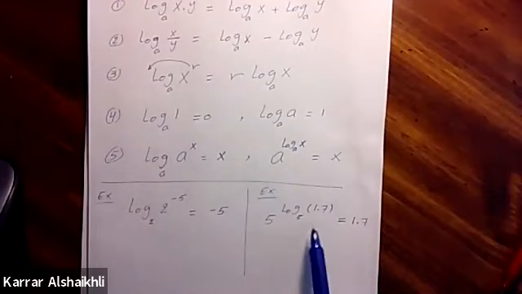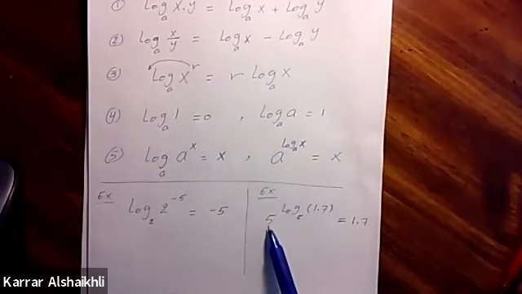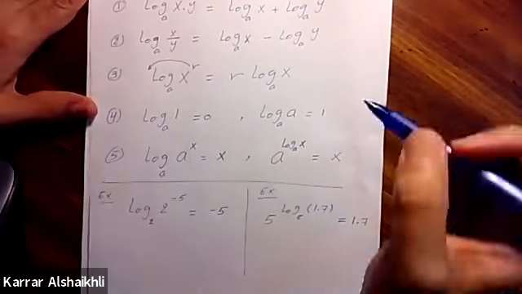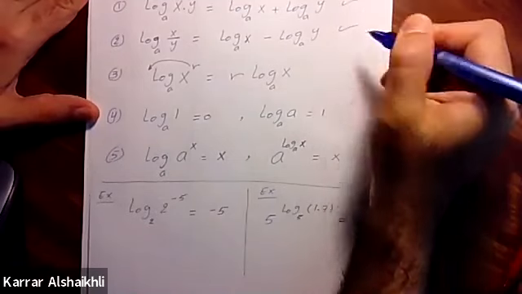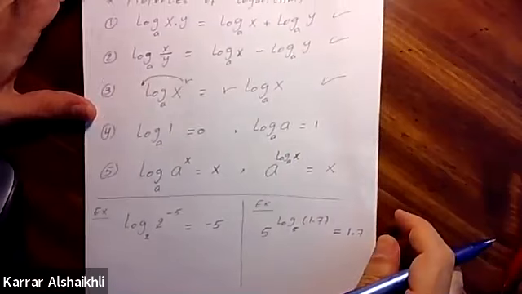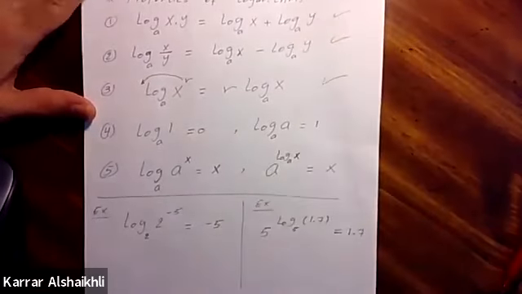Also, I think you can do it using the calculator here. Plug in 5 to the exponent log to the base 5 of 1.7. If you want to use this rule, it's going to be the same thing. But if you have examples with rule number 1, rule number 2, and 3, you can't use a calculator. Let's do examples about the first 3 rules.